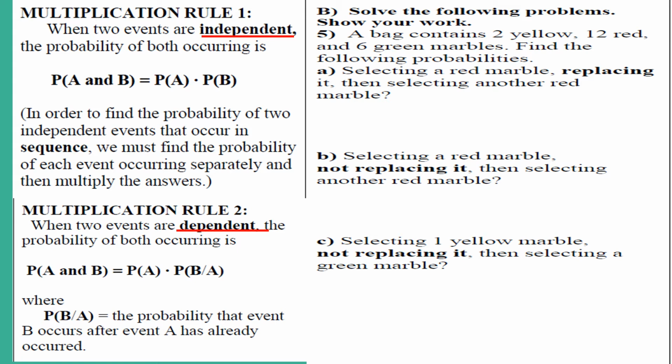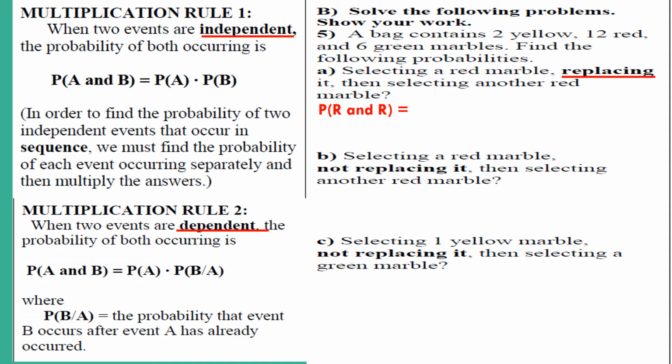Find the following probabilities. Selecting a red marble, replacing it, then selecting another red marble. Since after we selected the first marble, we replaced it back to the bag, then the total number of red and the total number of marbles did not change.